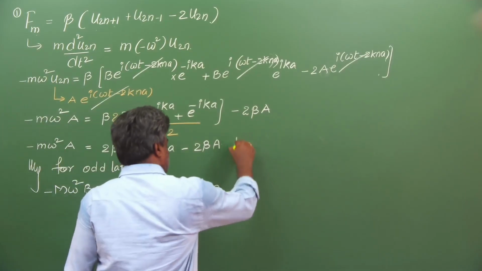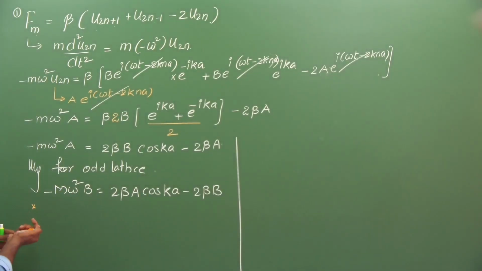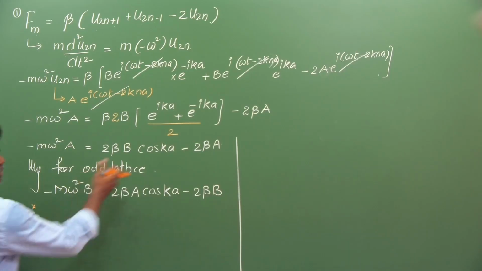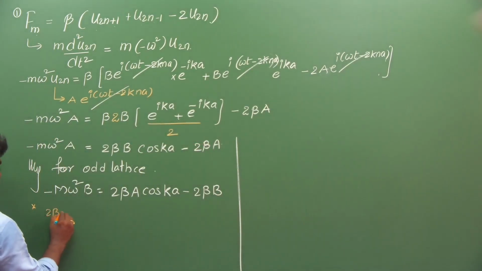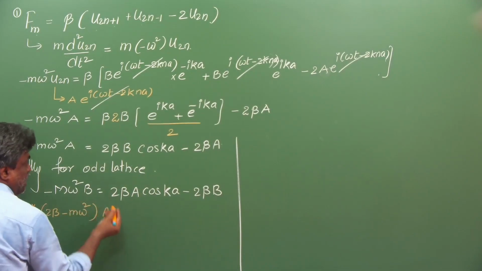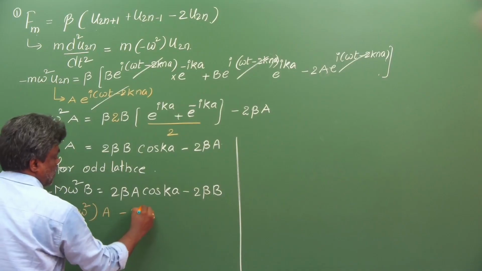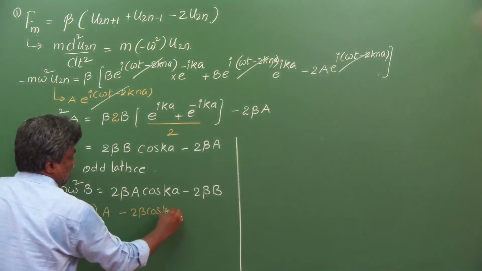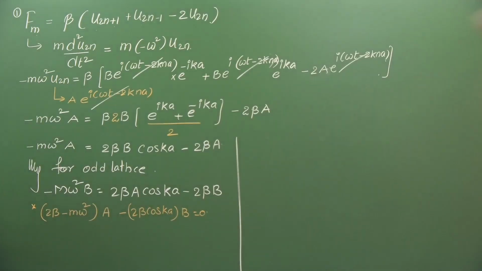Okay, cool. Now let me write in a proper format. Here I can bring this term to this side, then I will get 2 beta minus m omega square, capital A, minus 2 beta cos K a into B equal to 0. Similarly, the second one I am also writing in this format.